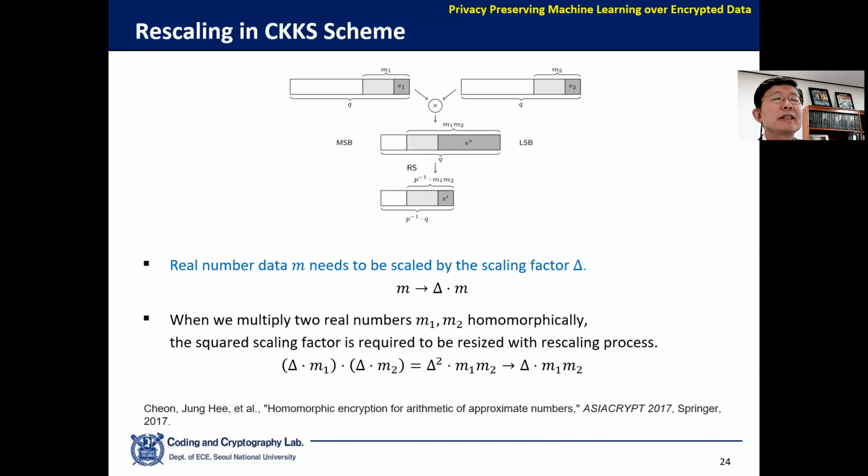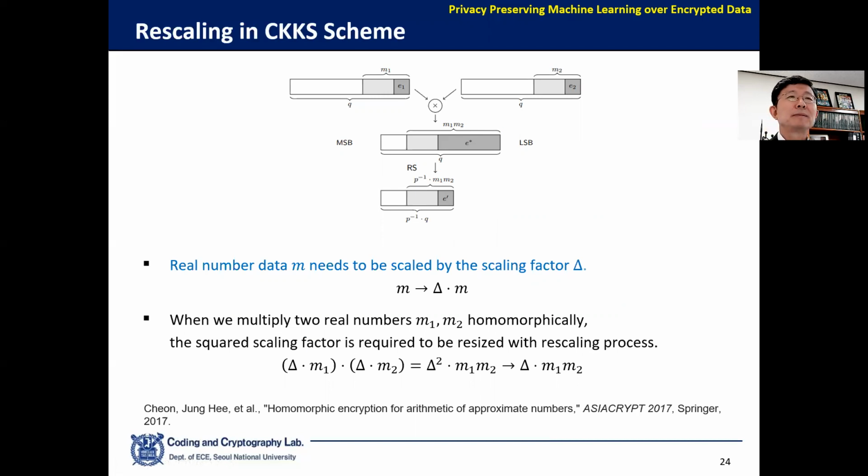Rescaling in the CKKS scheme. If we have two ciphertexts and we multiply them, then the noise is amplified. Then by rescaling, we cut off the noise. Real number data M needs to be scaled by the scaling factor delta.